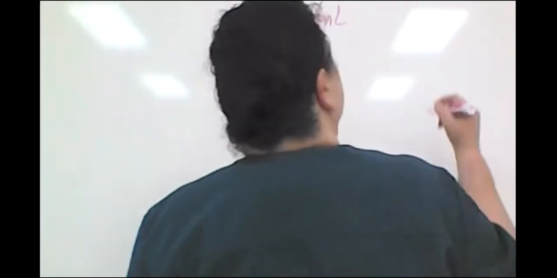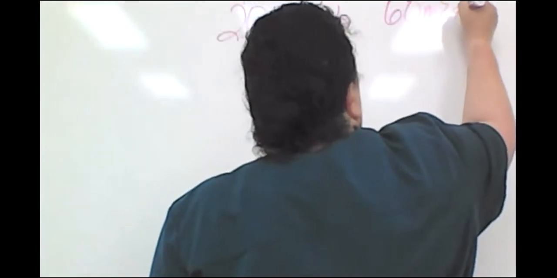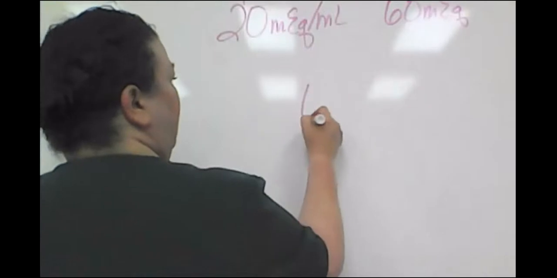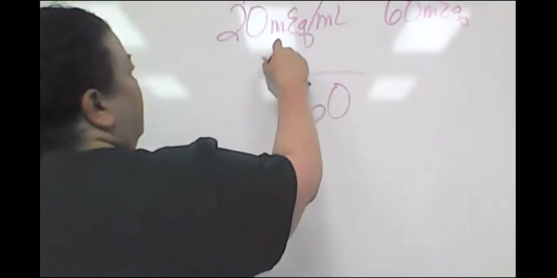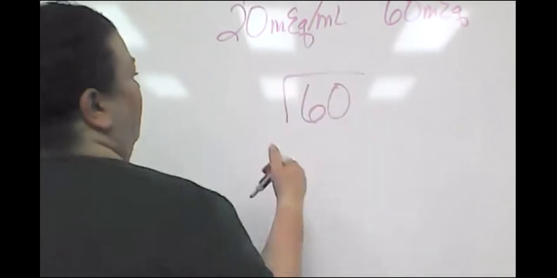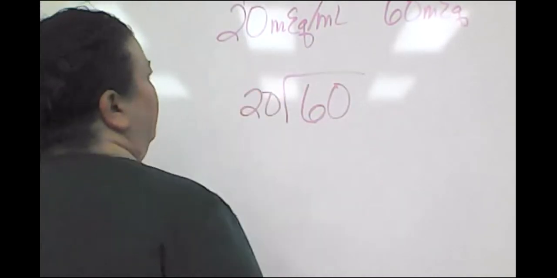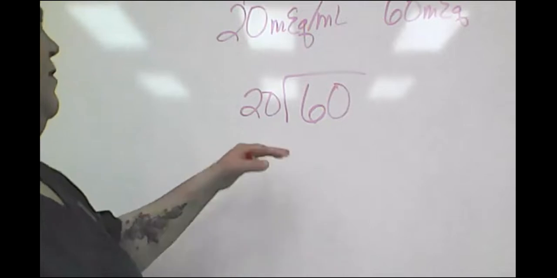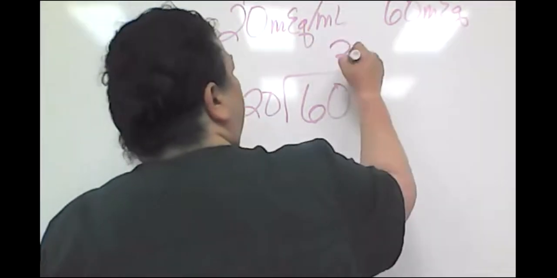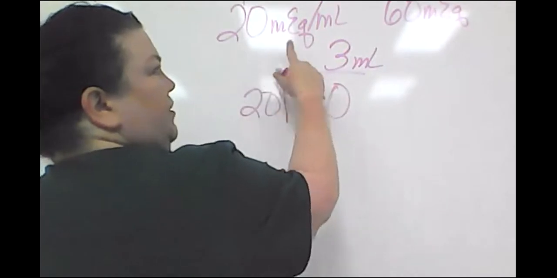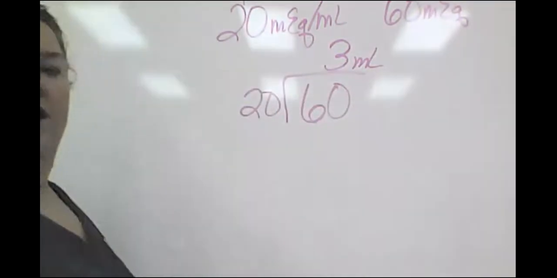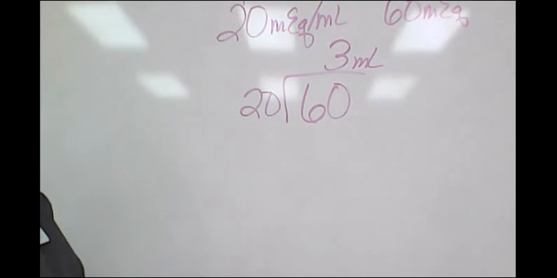And your RX is maybe calling for like 60 milliequivalents. So again, you're going to take what your prescription calls for. And because what you have is per milliliter, you're going to divide by what you have. 20 is going to go into 60 3 times. So I need 3 milliliters of this stock solution to obtain my ordered strength.